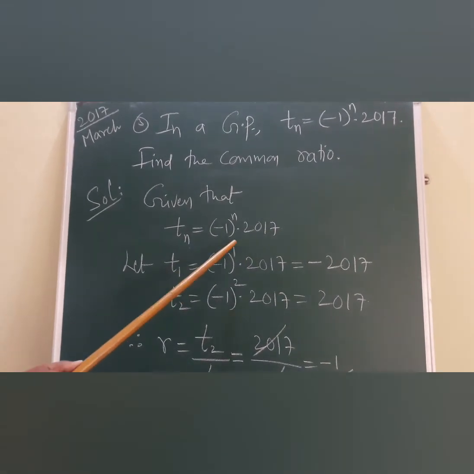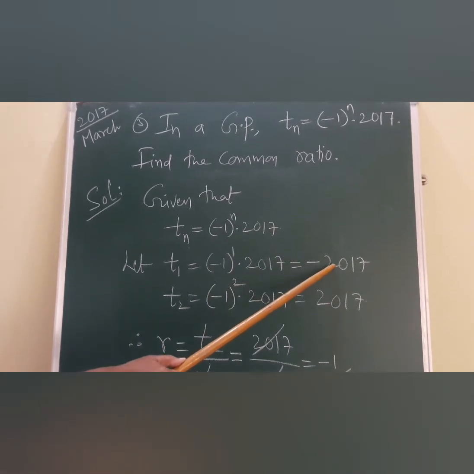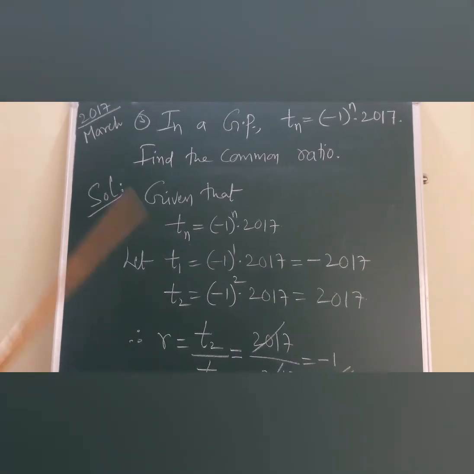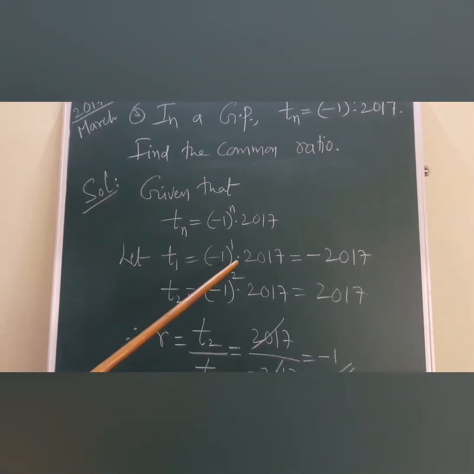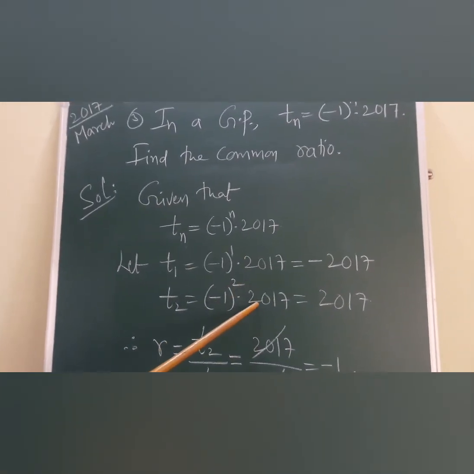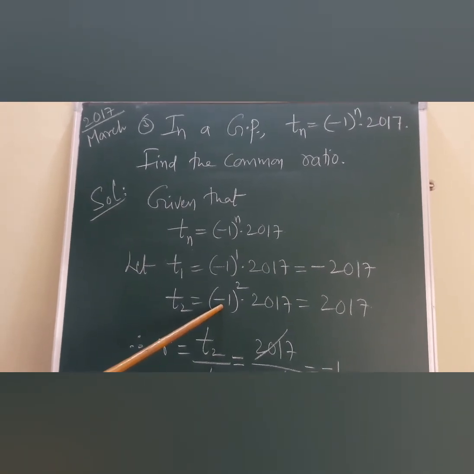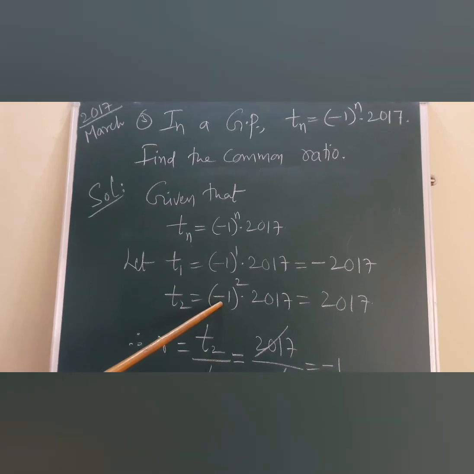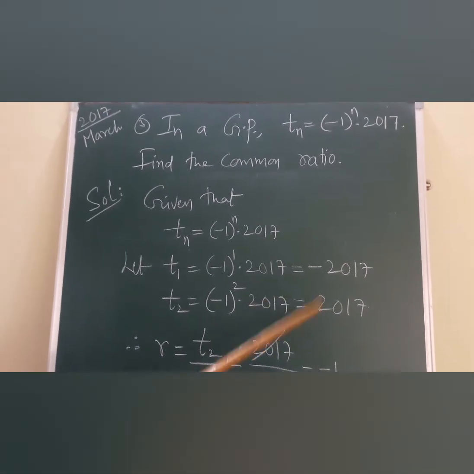Minus 1 to the power of 1 means minus 1. So, minus 2017. Similarly, t2 is equal to minus 1 to the power of 2 into 2017. Minus 1 square is plus 1, so that is 2017.